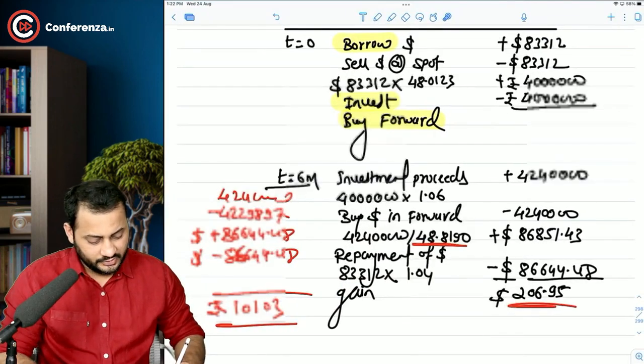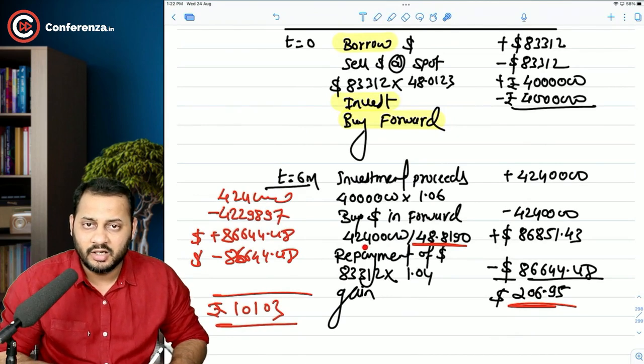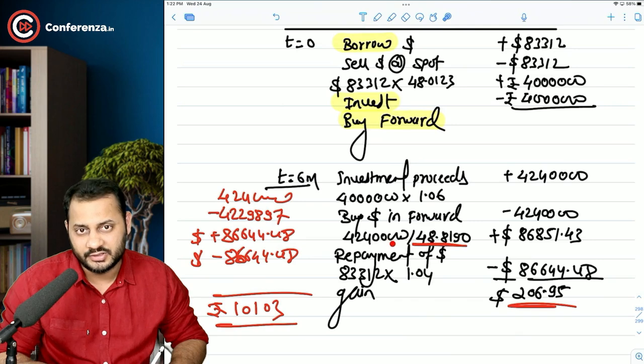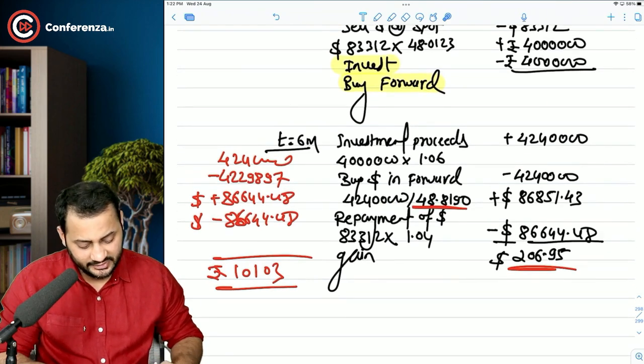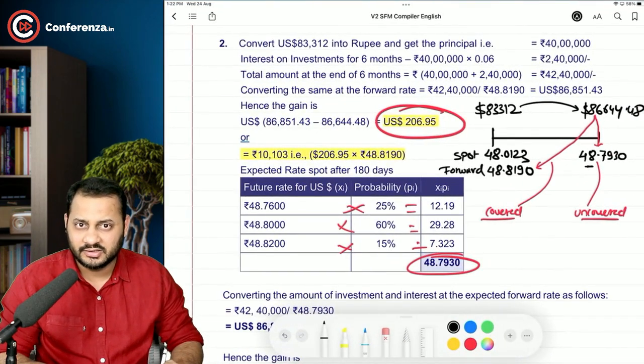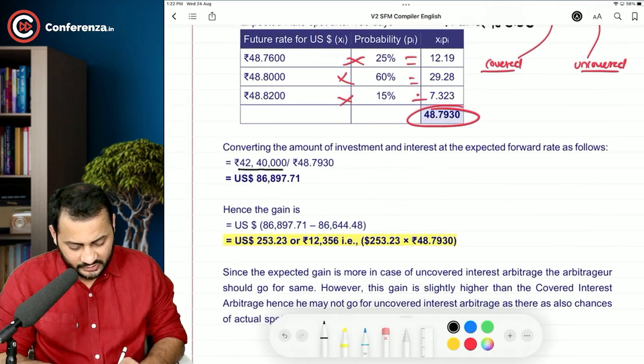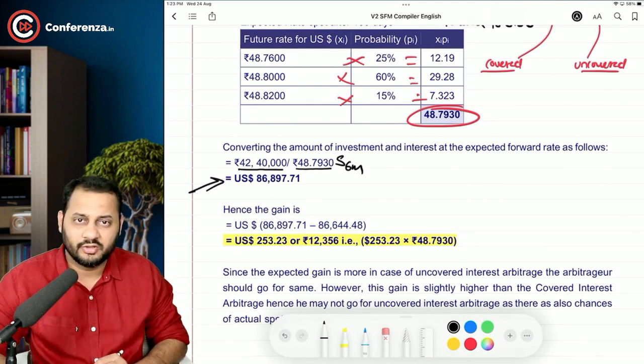And we will go with this particular part. So we will find out at which rate we would have sold 42,40,000 rupees. We would have sold this 42,40,000 rupees at the expected spot rate of 48.7930, and you can clearly see that 42,40,000 at 48.7930, the expected spot rate, would have given you this much of the dollar.